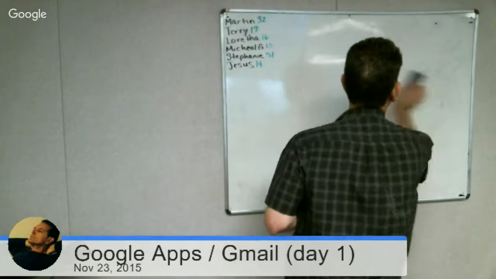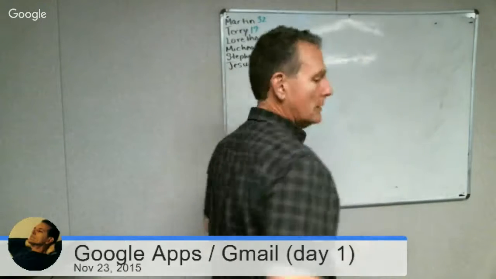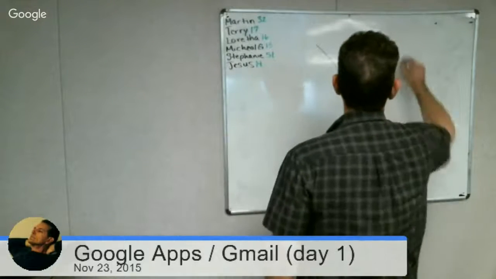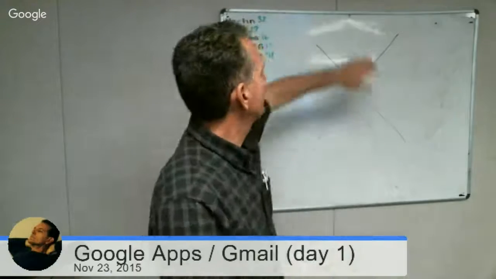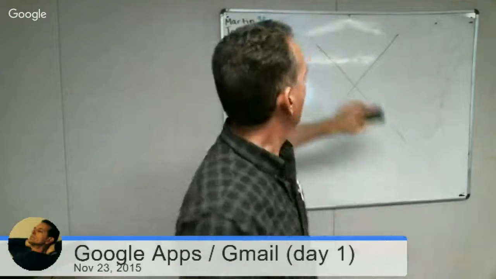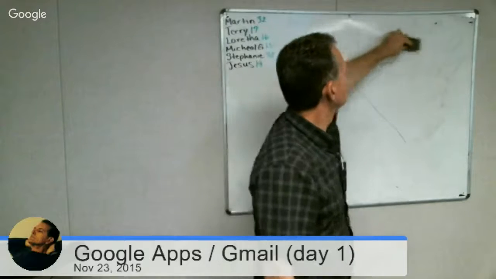What should be on that page? Okay? Yeah. So we start with an X. But yeah, you're right. So when you're done, either everybody here should have a blank page that says Google Apps at the top, or you should have an asterisk on it, right there. So you know what you have.